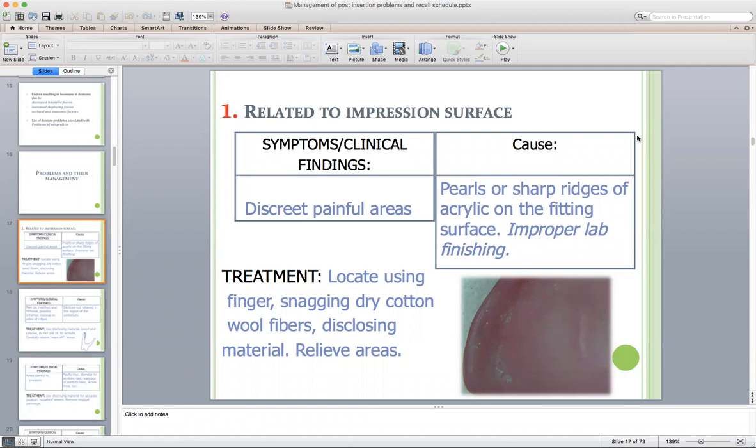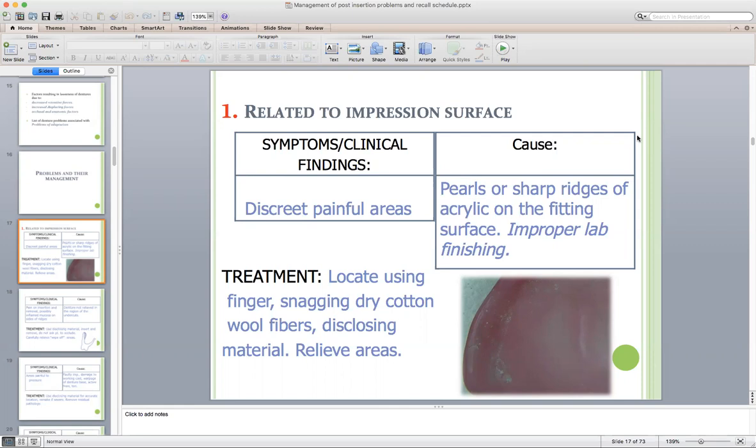Move it around the intaglio surface. The idea behind this test is that wherever there is a sharp ridge or pearls of acrylic, the threads of the cotton will get engaged. So those are the areas which need to be trimmed or removed.